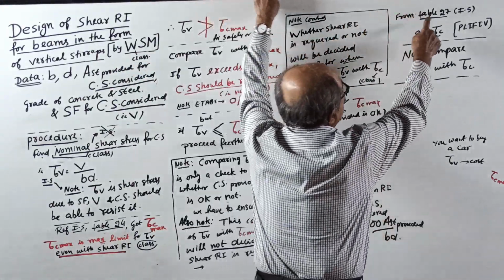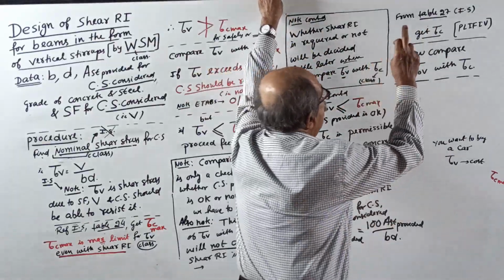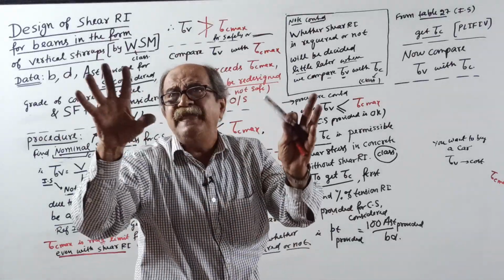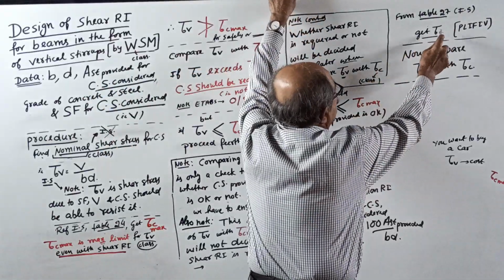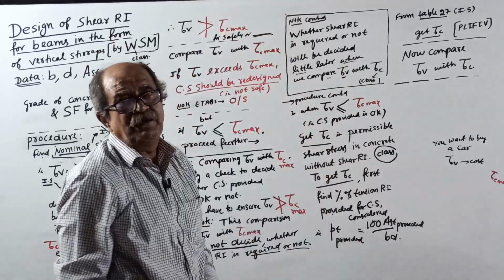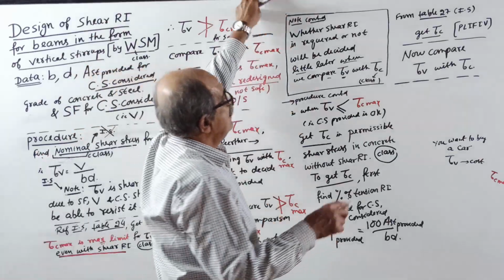Then go to Table number 27 in the IS code and get the value of tau c. There is a table where tau c values are given based on PT. You can write: tau c values are given based on PT for different grades of concrete.